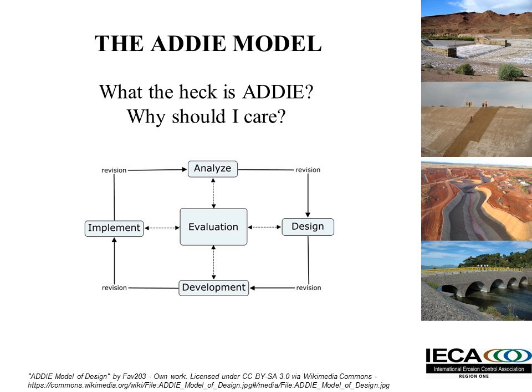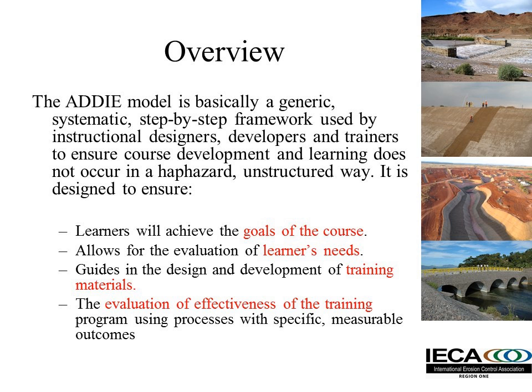So even when we're in the analysis mode, we're still evaluating. When we're designing, we're evaluating. When we're developing and implementing, we're evaluating. So evaluation is a continual process just to make sure that we're effective. So that is a key objective for the ADDIE model.